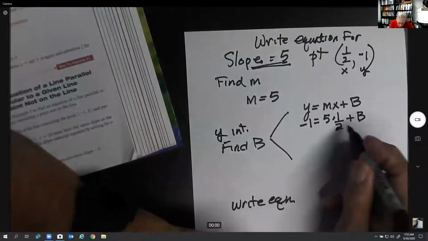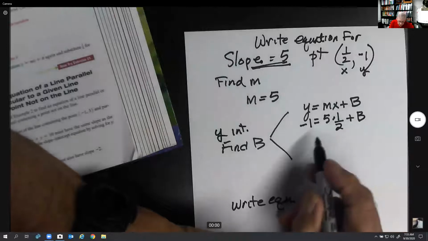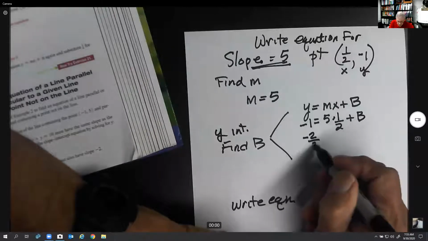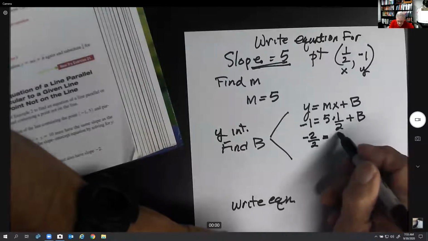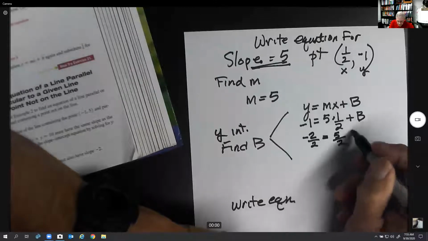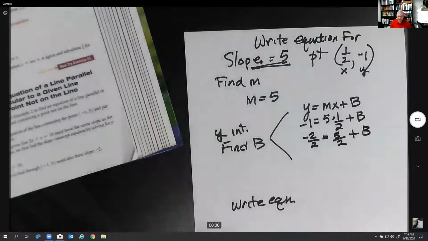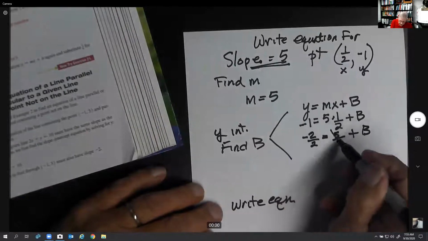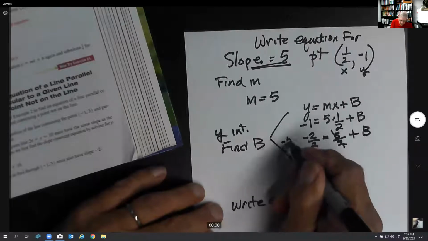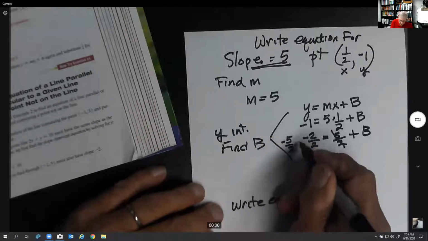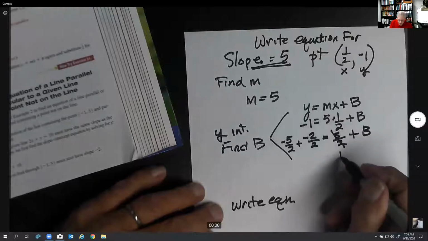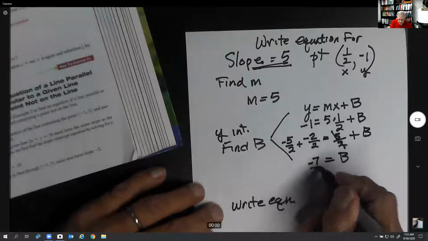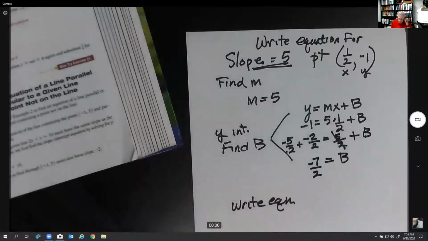Okay, now we do have a fraction. So let's change this to half. So let's make this -2 2s, and this is going to be 5/2. This is b. Then we can bring this 5/2 to the other side, or add a -5/2 to both sides, and b becomes -7/2, because they have a common denominator.